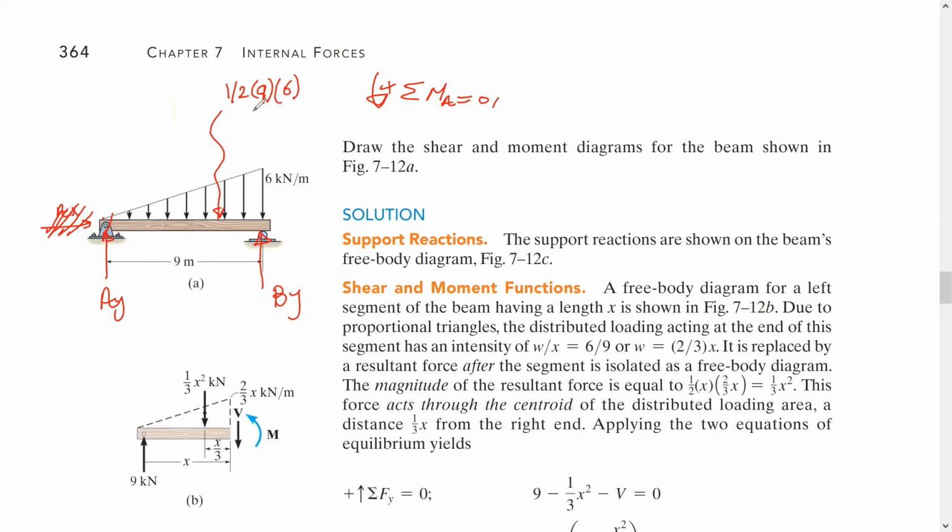So this one is going to be 27, okay? So this one is going to be 27 kilonewton. And it's located 1/3 from this side, which is 1/3 of the 9, which is 3 meter.